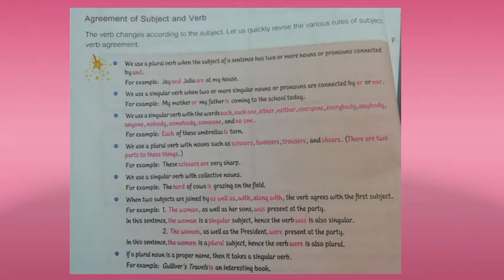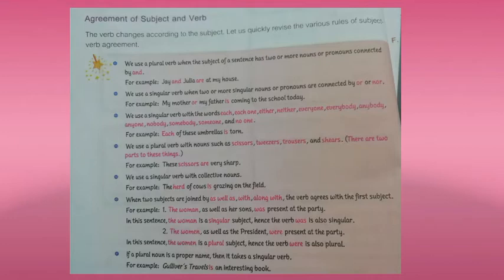So you see, we use a plural verb when the subject of a sentence has two or more nouns or pronouns connected by and. For example, Jay and Julie are at my house. Here Jay and Julie are two nouns, and the two nouns are connected with and. What was the rule?